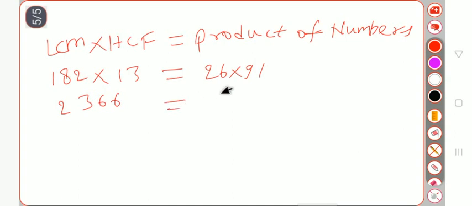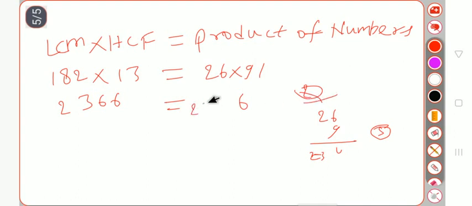Now multiply this. 26 ones are 26, 26 nines are 234, and carry is 2, so it will be 236. So you can see LHS and RHS both are the same, 2366.